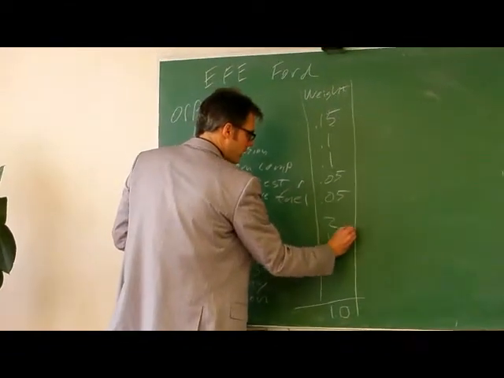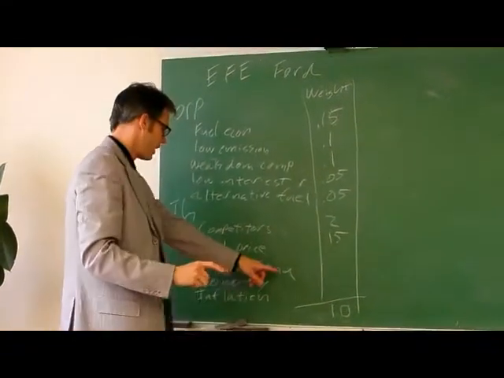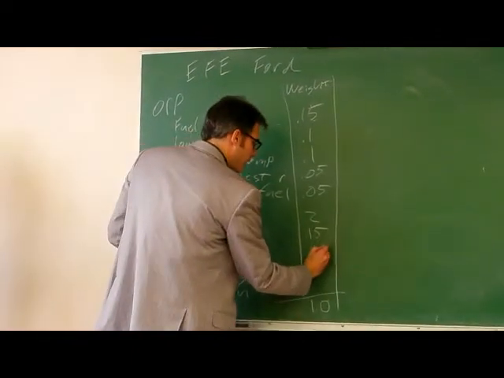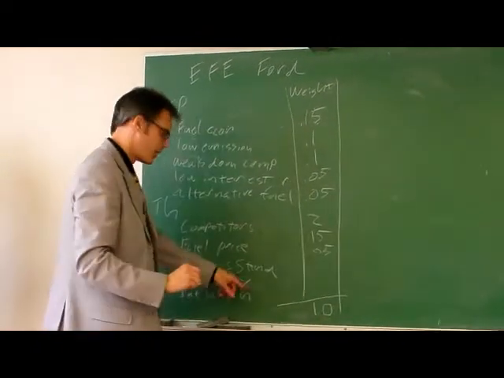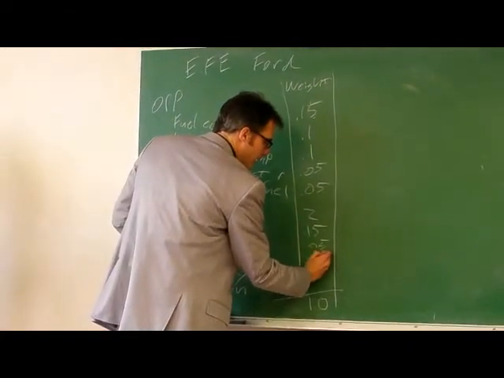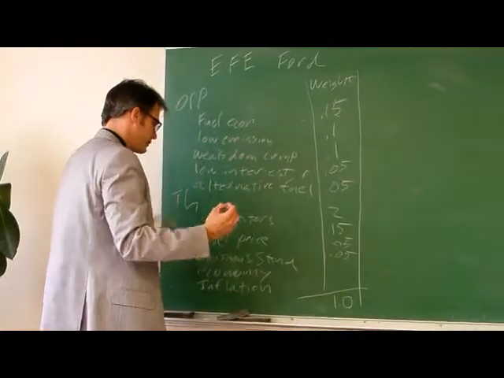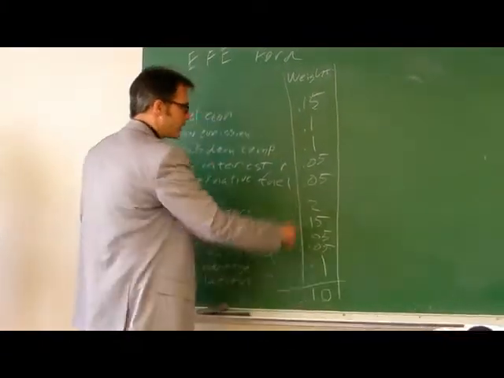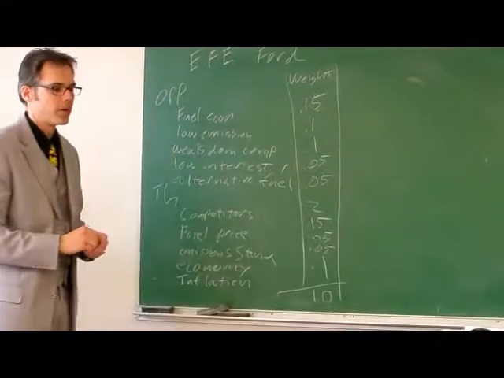That is a huge threat. That's a big deal, so that's a higher number. Emission standards, let's go 0.05. They always find a way around those. Economy, 0.05. It's important, but there's always ups and downs. Inflation, 0.1. And if you total all those up, they come to 1.0.